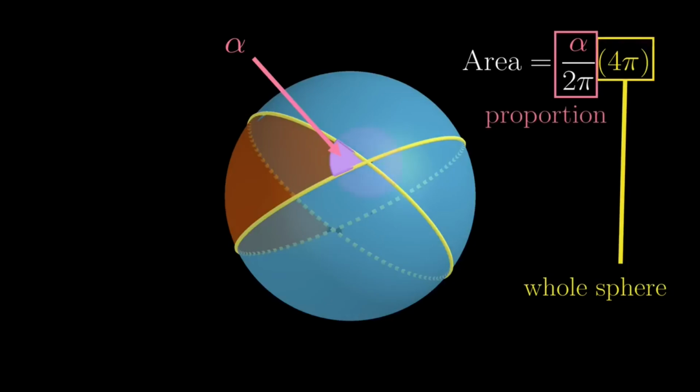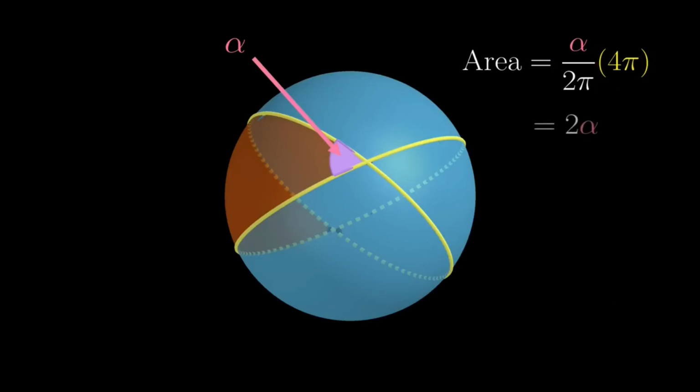So instead of the 2 pi angle at the point of intersection, we only take a slice of angle alpha. So the proportion of the area is alpha over 2 pi. So the surface area for this shape is 2 alpha.